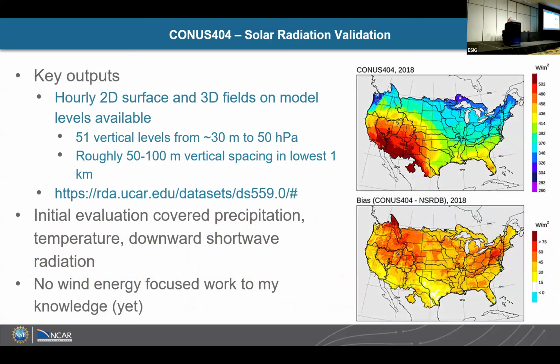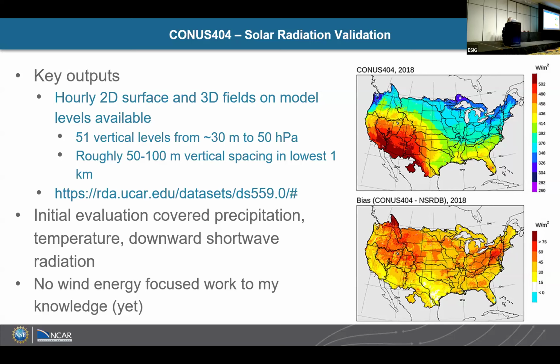Now, they have validated for solar radiation, and they validated against the National Solar Radiation Database, developed by NREL. Not a bad one, but we have heard about some of the issues. The nice thing about this is the CONUS 404 can be downloaded from NCAR's research data archive.